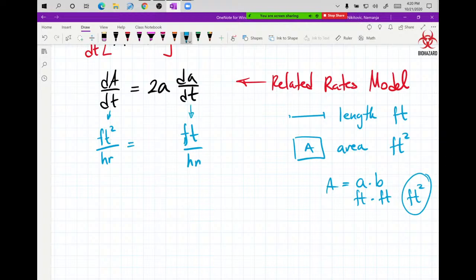Now, what are they connected with? They're connected with the number 2 that has no units, but there is a, which is length, and that's just feet. So you can see that feet times feet will make feet squared, and then the left and right sides have the same units. That is absolutely a must when you are working with any kind of application or physics formulas. The units on the left and the units on the right must always be identical. And if they're not, your equation is garbage.